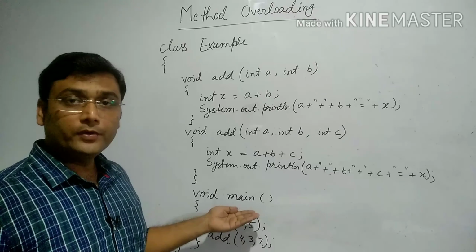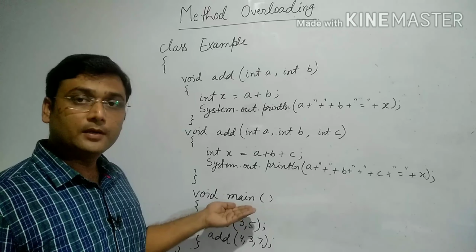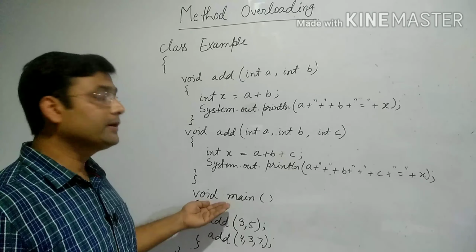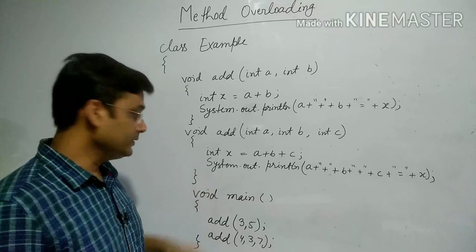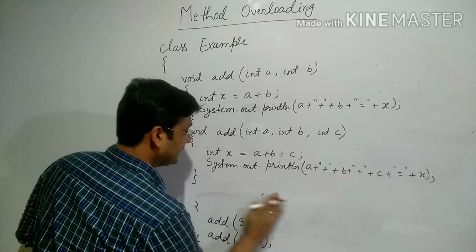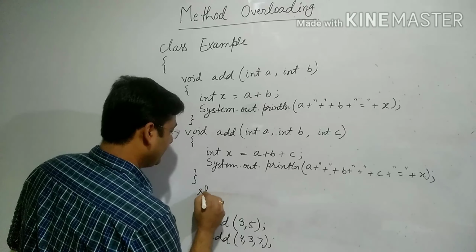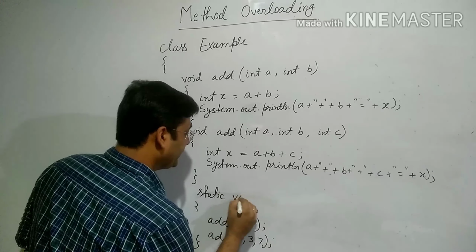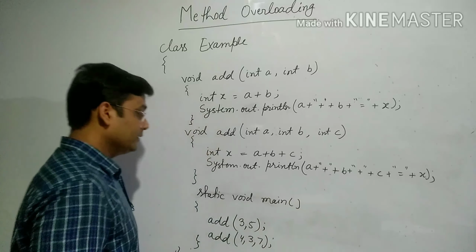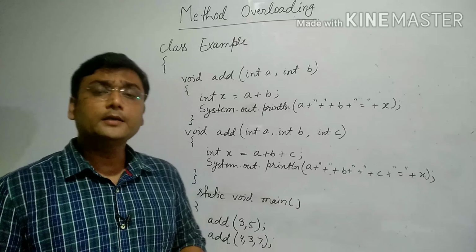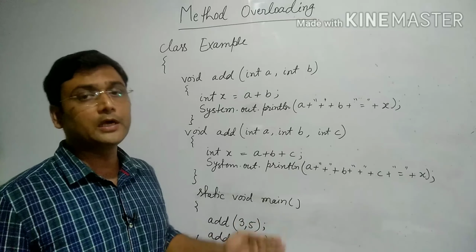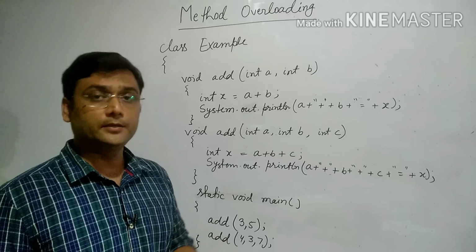So, if we want to call this main method without creating an object, we will write the static keyword before it. So how can we write that? We can write it like this: static void main. In the BlueJ environment, we can call this main method without creating an object easily.